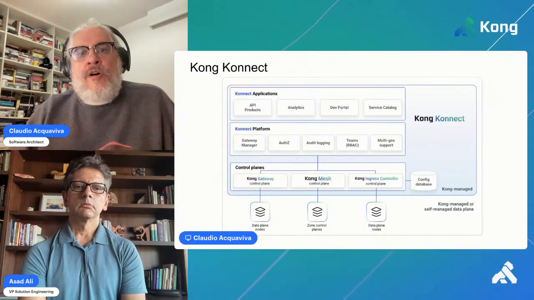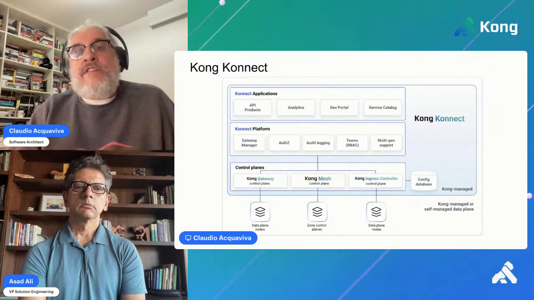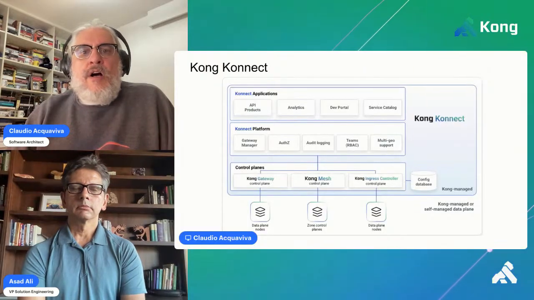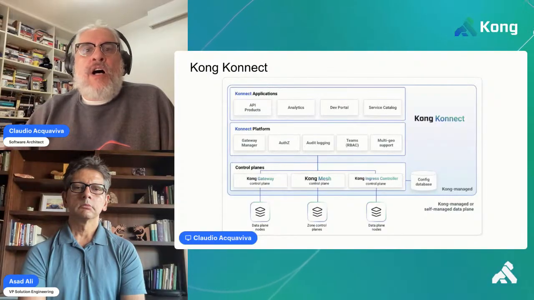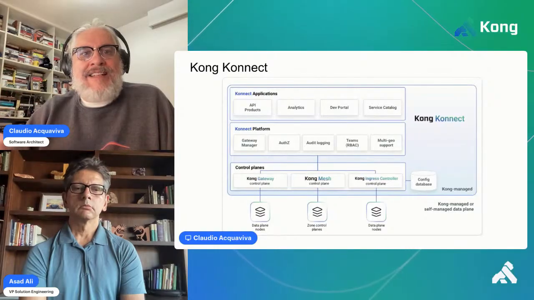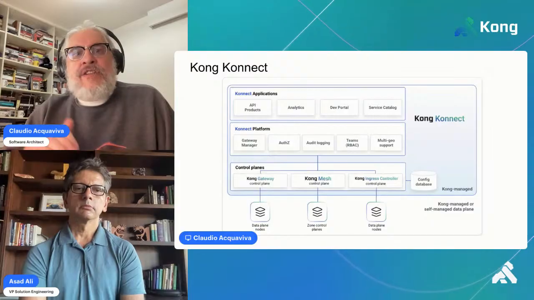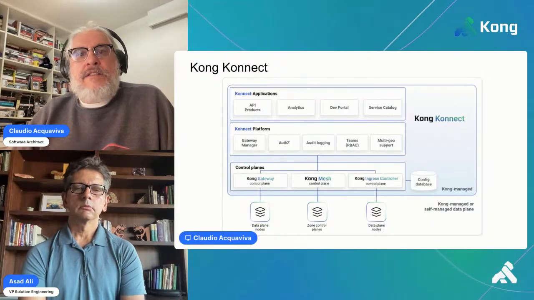Besides that, we also provide control planes for service meshes, and control planes for Ingress controllers, specific for Kubernetes Ingress controllers, and so on. Other control planes are going to be announced along the way. For instance, we are about to announce a new control plane supporting event gateways based on Kafka streams and so on. So these are the fundamental layer of the Connect infrastructure.